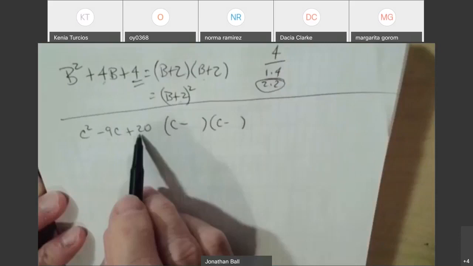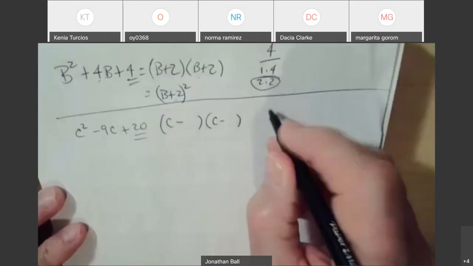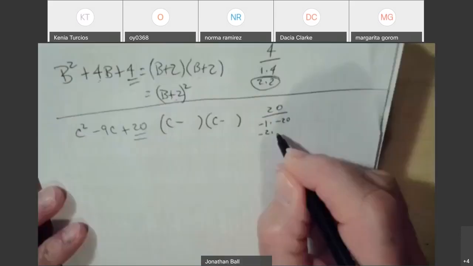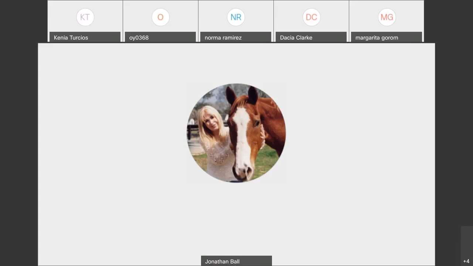So now what we want is the factors of 20. I want to factor 20. Negative 1 times negative 20, right? Negative 2 times negative 10. Negative 4 times negative 5. That's it there, huh?